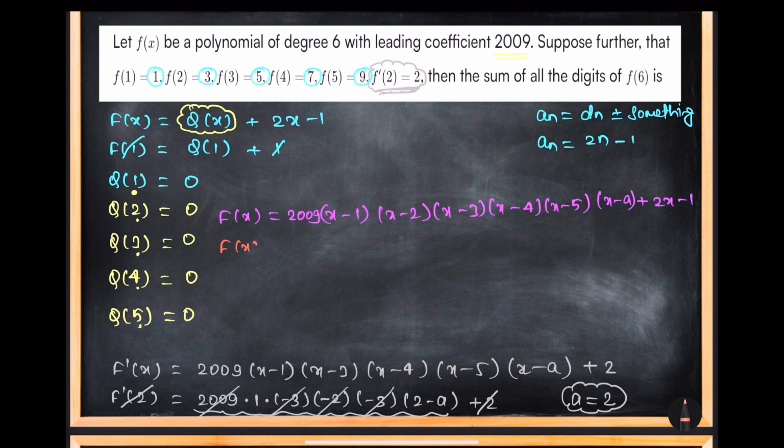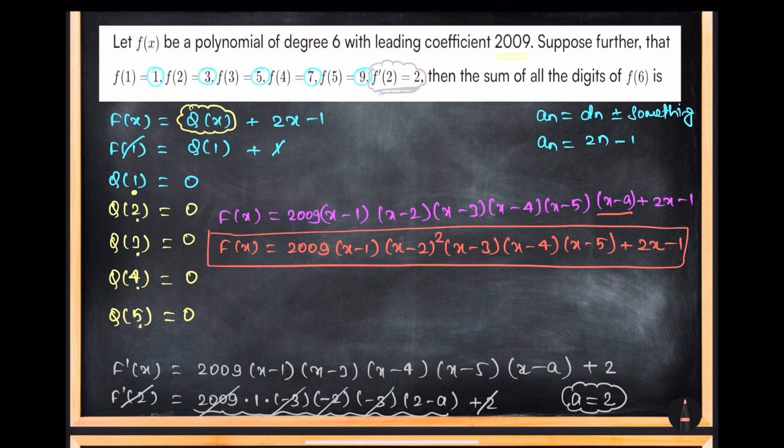So our f of x will look like 2009 (x minus 1), here is (x minus 2) and there is also (x minus 2), so squared, (x minus 3)(x minus 4)(x minus 5), and then plus 2x minus 1.